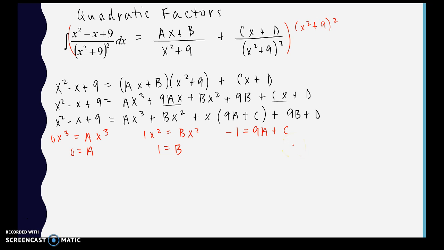Using the fact that a is equal to 0, -1 is equal to c. And then lastly, 9 equals 9b plus d, because 9b plus d are my two constant terms. So plugging in my value for b, I also get d to equal 0. So these end up working very nicely for us.